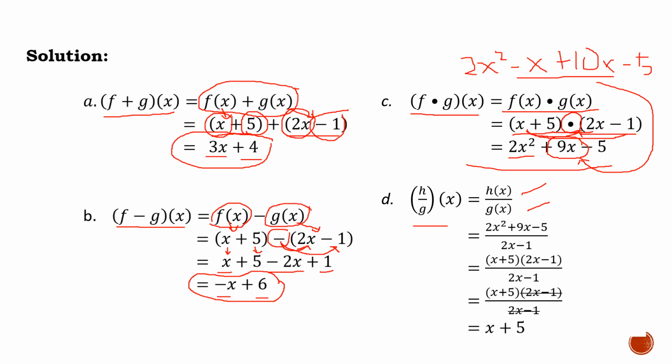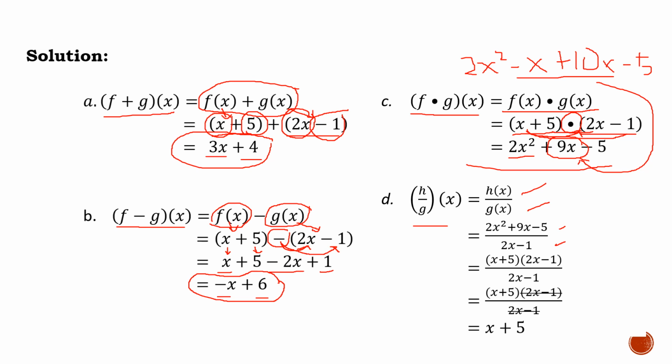So we really need to make sure that your g of x is not equal to 0. So upon copying the value of your h of x, which is 2x squared plus 9x minus 5 here, we copy your g of x, which is 2x minus 1 in your denominator.